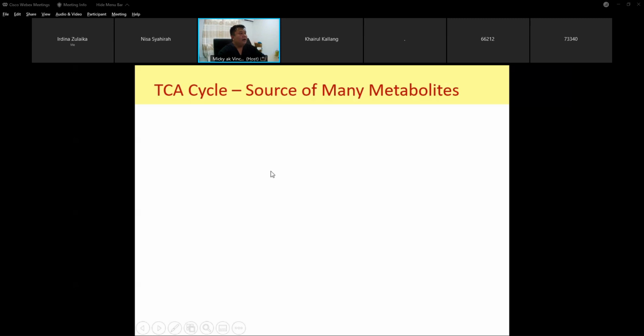What we're going to next is that the TCA cycle can also be the source of many other metabolites, because you have the citrate, isocitrate, alpha ketoglutarate, succinyl-CoA, succinate, fumarate, oxaloacetate, dan semuanya, kan, and aconitase. You can even use it for other reactions, not just for the Krebs cycle reaction. So the TCA cycle can provide intermediates for many other biosynthetic processes.